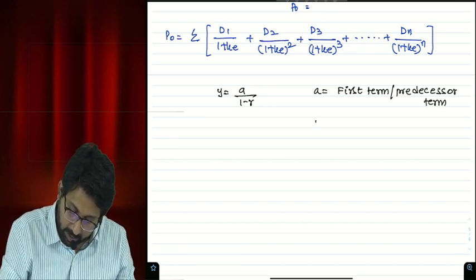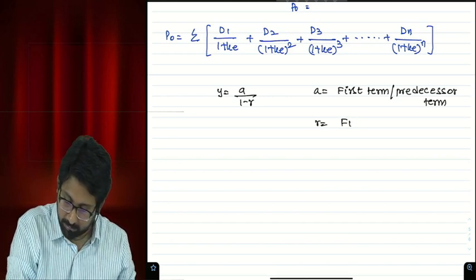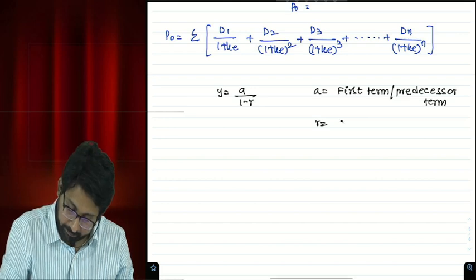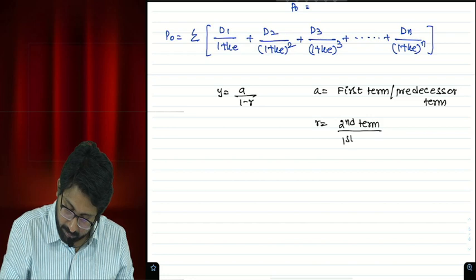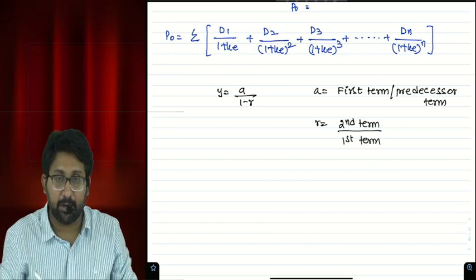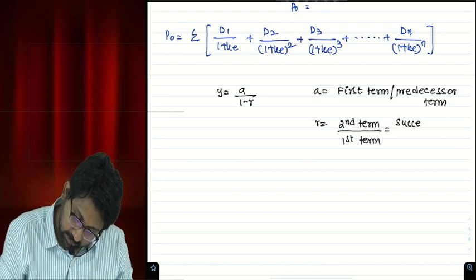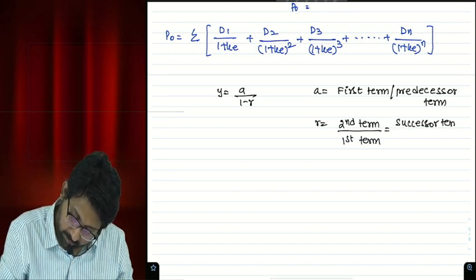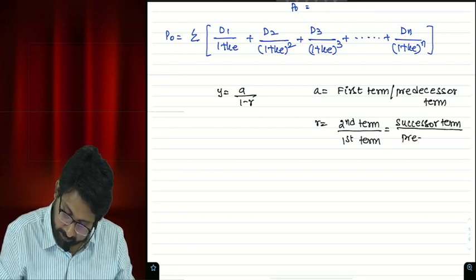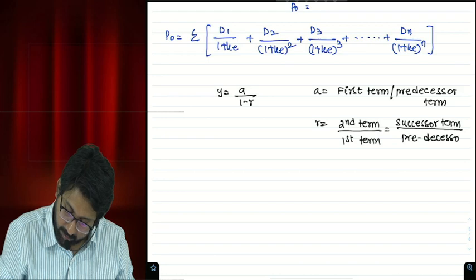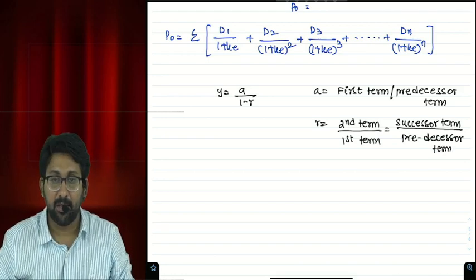R means second term by first term, also called successor term by predecessor term.